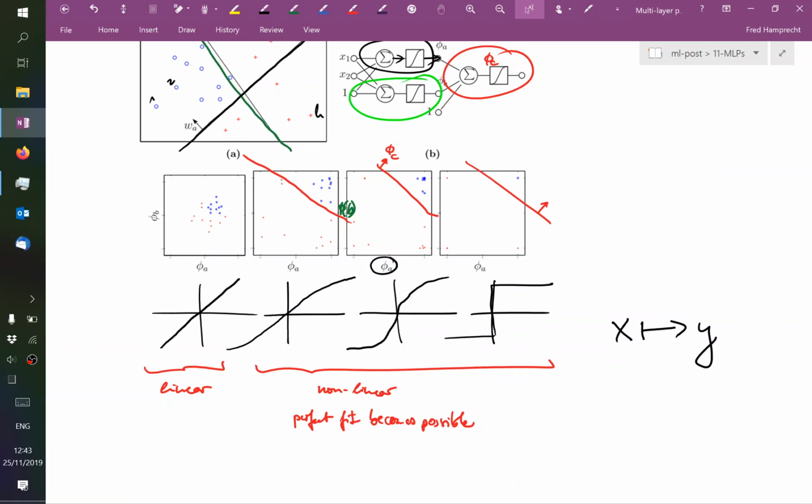Mm-hmm. So the question was, do I really want to have a perfect fit? And you raise this issue of overfitting to data. Yeah? And that is, of course, a valid point.